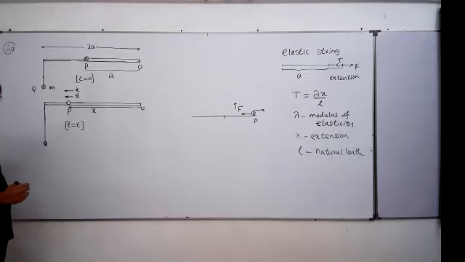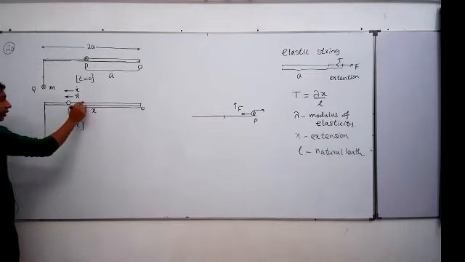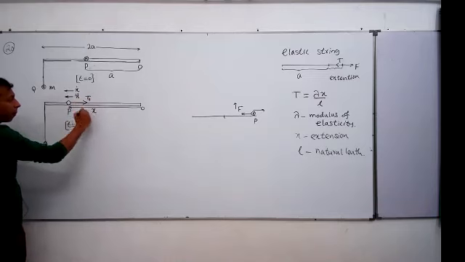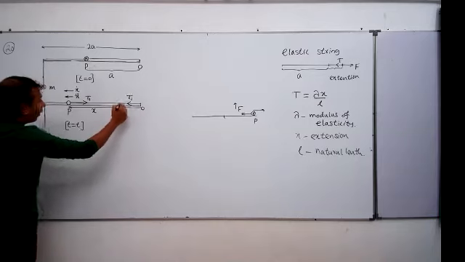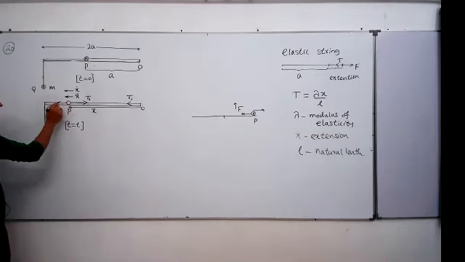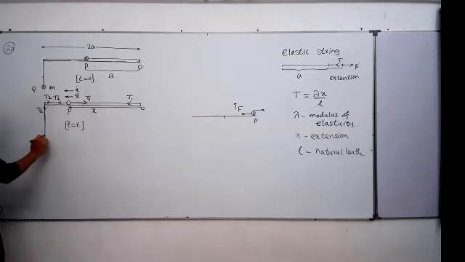At that occasion, a tension creates in the elastic string, suppose that is T1, and this end also T1. A different tension acts in the inelastic string, suppose this is T2, this end also T2, upwards T2, and this is the particle Q, the weight is mg.